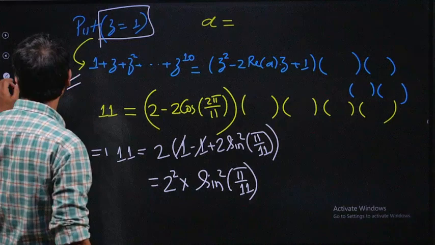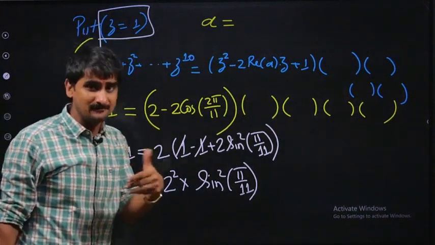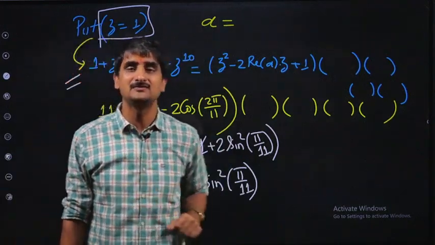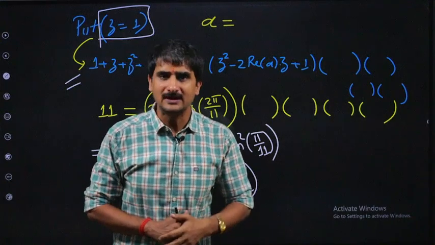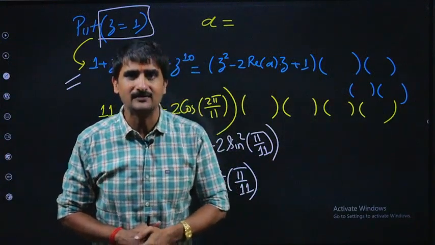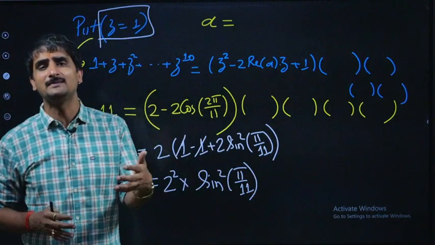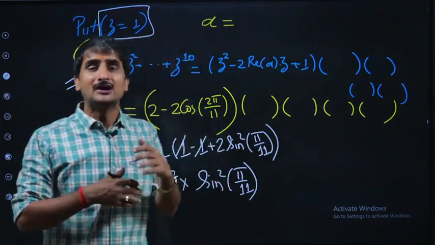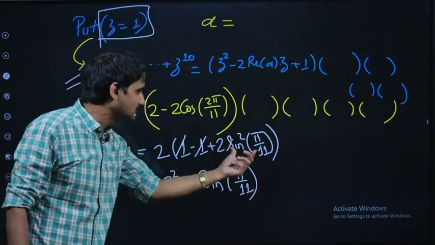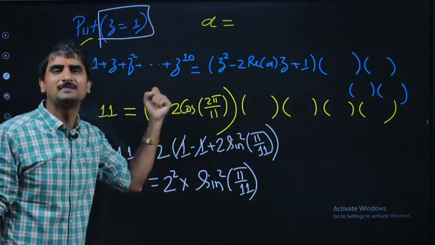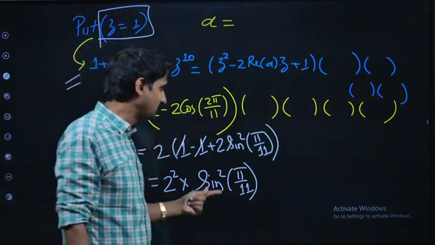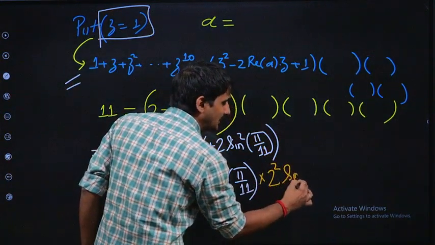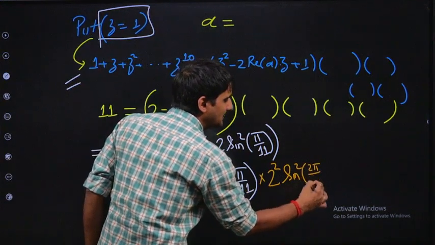Now if we move to the second bracket, in the second bracket it was z minus alpha square. If alpha is cos 2 pi by 11 plus iota times sine 2 pi by 11, alpha square will be cos 4 pi by 11 plus iota times sine 4 pi by 11. Now when you apply the formula, the second one again is 2 square into sine square of 2 pi by 11.